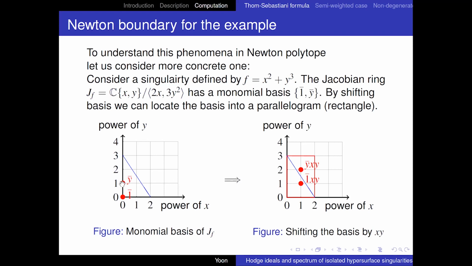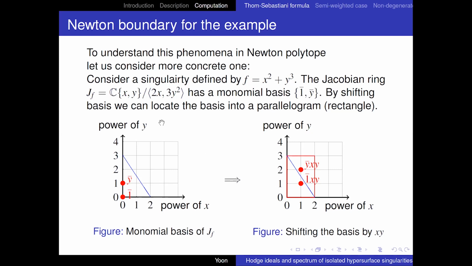And (0, 1), which corresponds to y, moves to (1, 2), which corresponds to x y squared. Moving these two points, we can put them inside this rectangle. The same phenomenon happens for all these Fermat types.